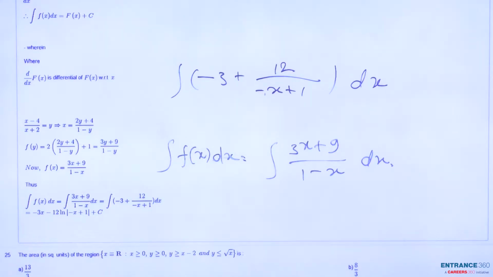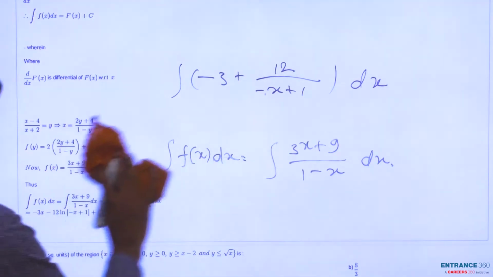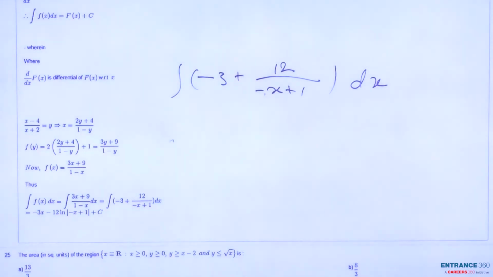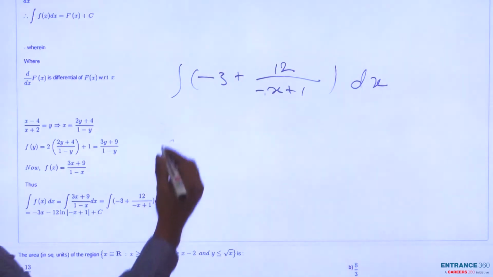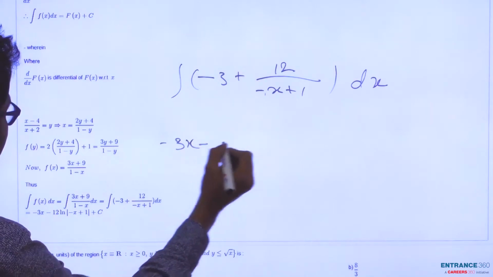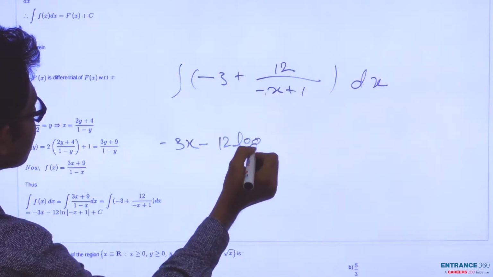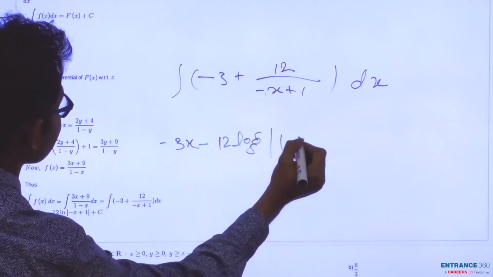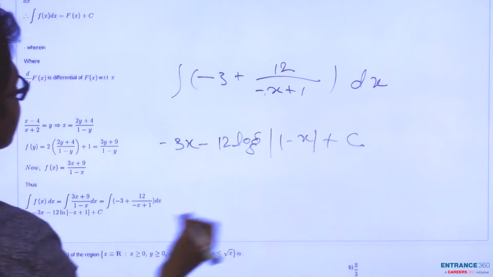So the integration of minus 3 is minus 3x and the integration of 12 divided by (minus x plus 1) is minus 12 log mod (1 minus x). So after integration we get minus 3x minus 12 log mod (1 minus x) plus c, where c is constant.